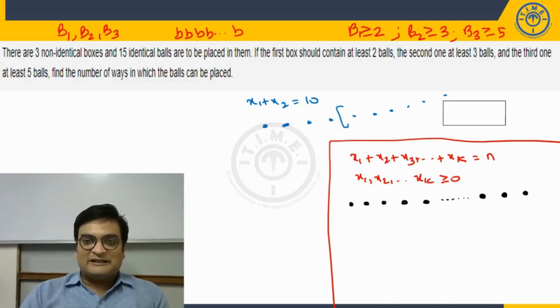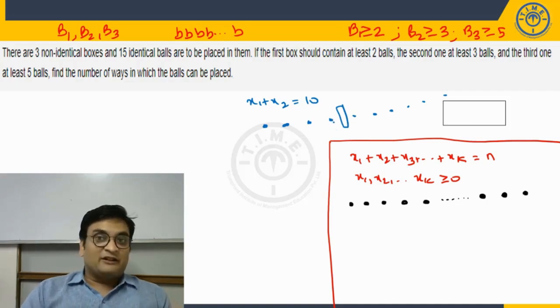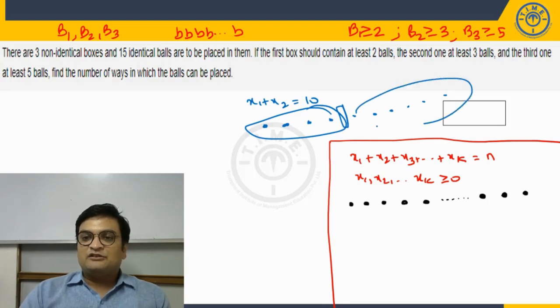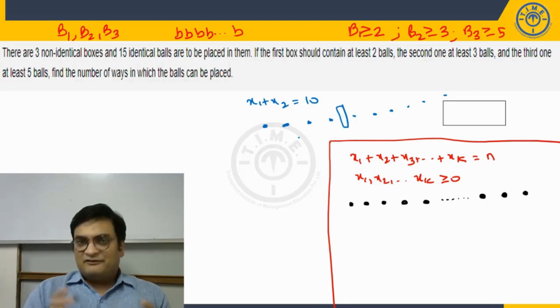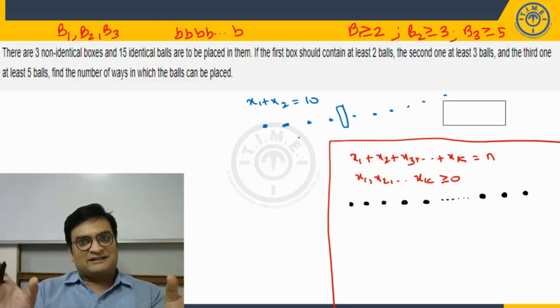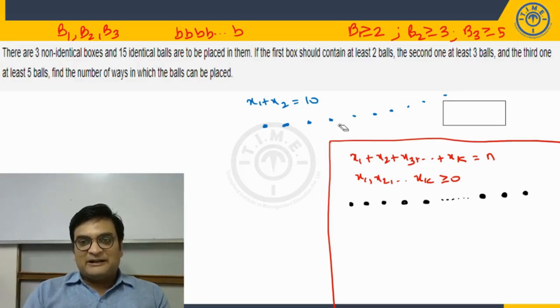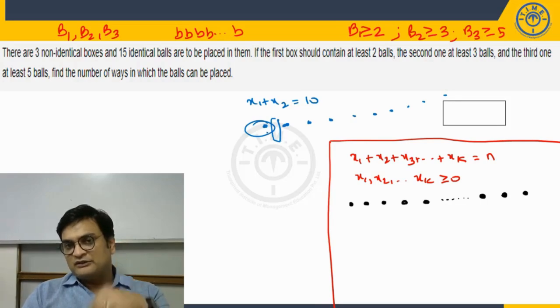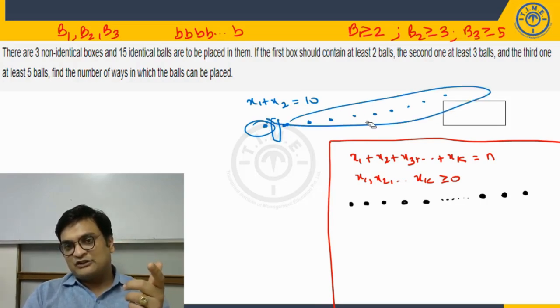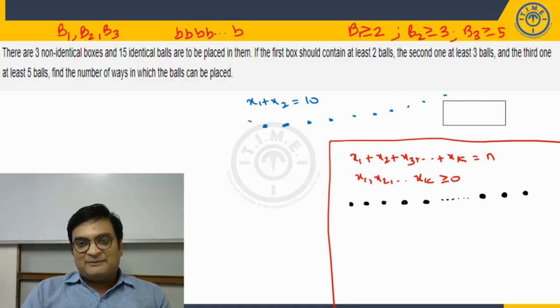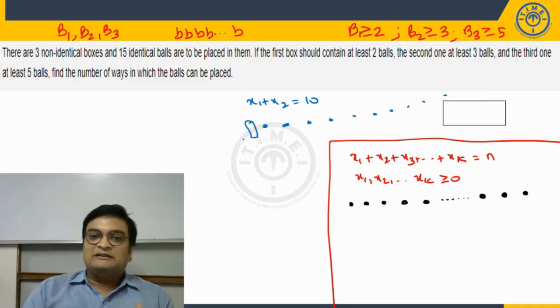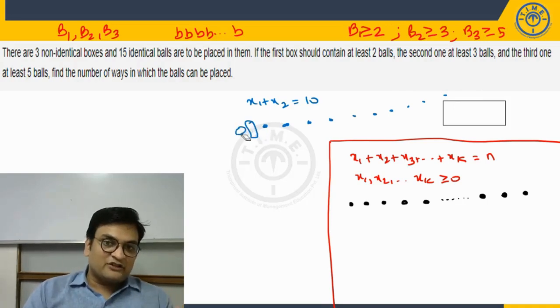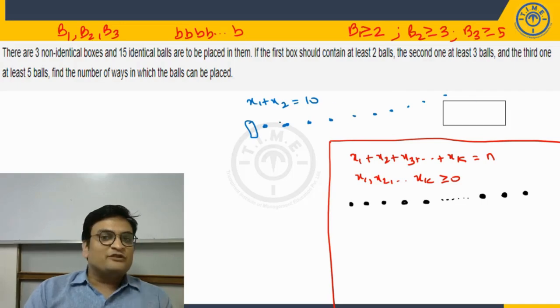So imagine if I place a partition here, then the string to the left is going to x1, the string to the right is going to x2. So that way we are able to divide the 10 into 2 whole-number parts. If I place the partition here, the string to the left, that is 1, is going to x1, 9 is going to x2. If I place the partition here, then the string to the left, which is 0, is going to x1, everything is going to x2.